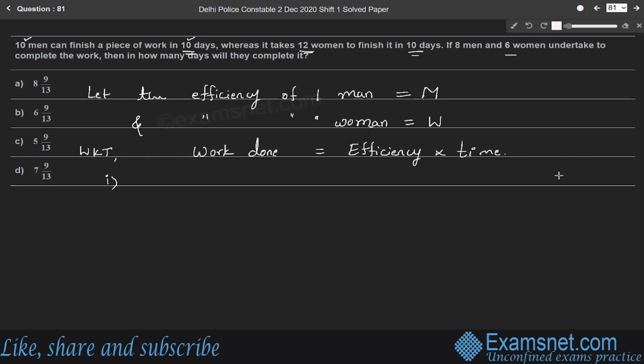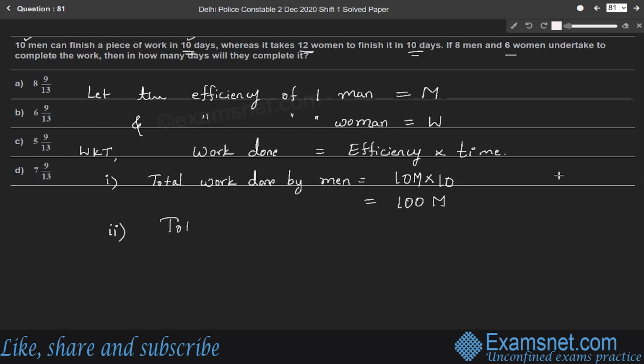Therefore, total work done by men is the number of men, 10, into efficiency m, into 10 days, which is 100m.